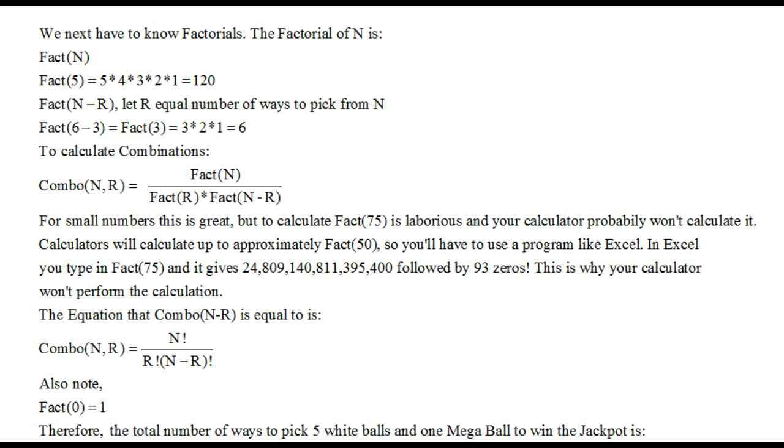The equation is: combo n given r is equal to n factorial divided by r factorial times n minus r factorial. And I use the factorial symbol rather than putting fact there. I just use the factorial symbol, which is right here, okay?